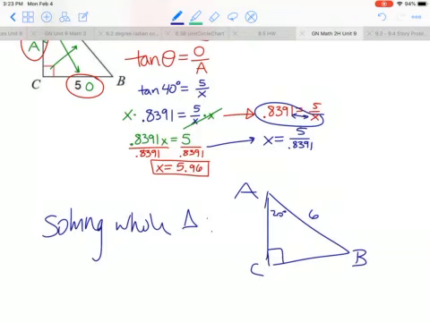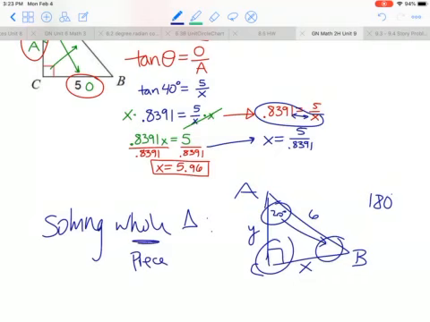Then you can just go around and mark random things as theta. So like, if you want to find this angle first, all three of these angles do equal 180, so you can use that. And then to get different sides, you can mark this as X, then you can mark this as Y. So it's kind of like just get piece by piece if it asks for the whole thing.